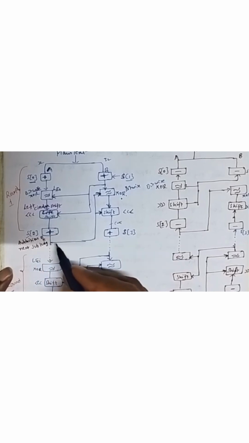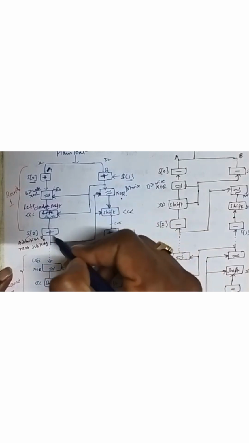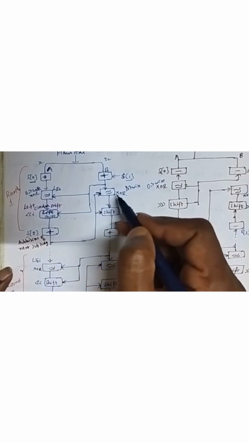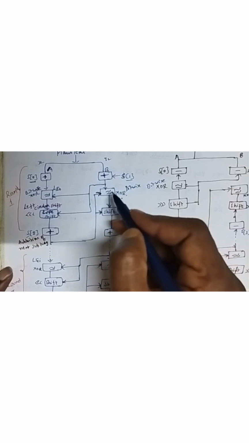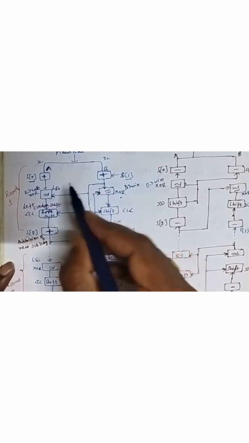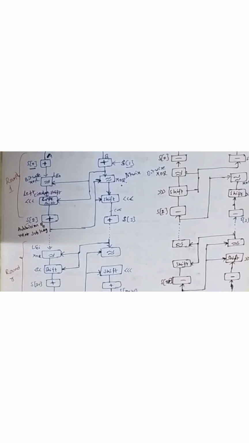The result data will go for the right side XOR operation. After the result of the XOR operation, again we will perform a shift operation considering the left side data, and this procedure will repeat for multiple rounds for encryption.